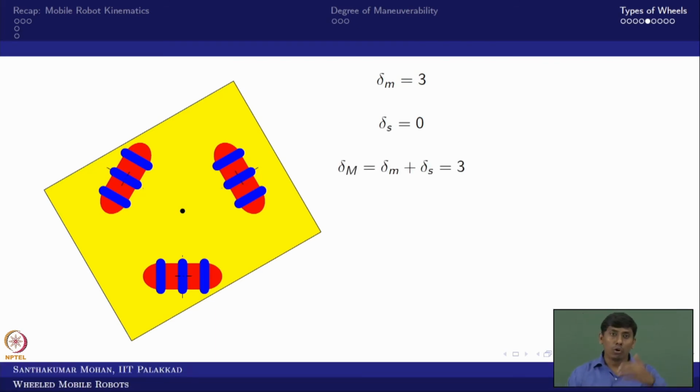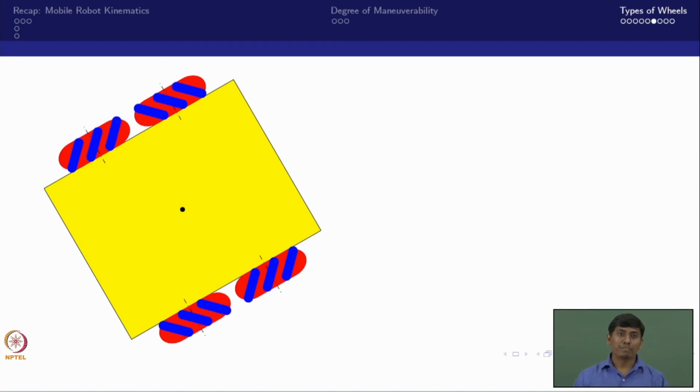Now we will go to a Mecanum wheel base. You can see that here 4 Mecanum wheels are attached. This provides one mobility, this is another, this is another, and another. So 1 plus 1 plus 1 plus 1, which is 4. But you can see that there is no steering provided.